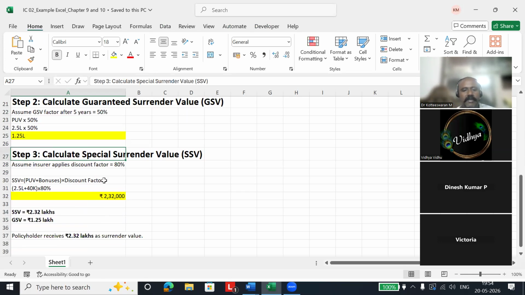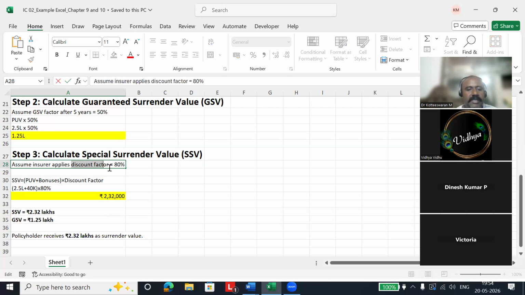Okay. Special surrender value. Let's calculate special surrender value. So we need to assume one percentage. I am assuming the discount factor. The discount factor is given in the policy for every policy for SSV. So the SSV discount factor for my policy, I'm assuming as 80%. It changes with every insurance company. It is not fixed. As an example, I am taking that as 80%.